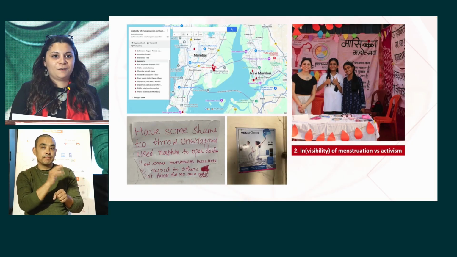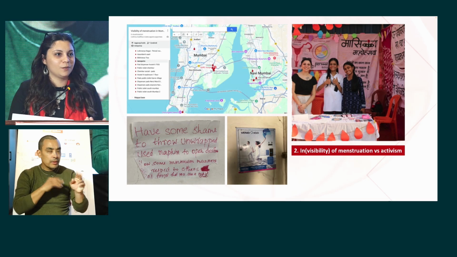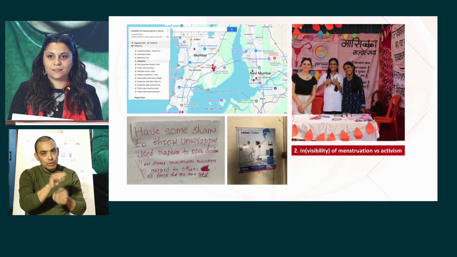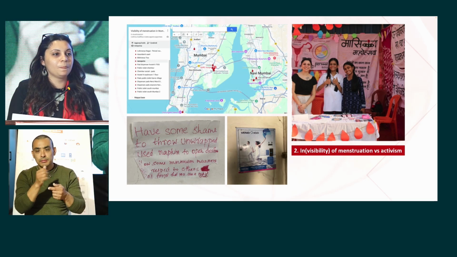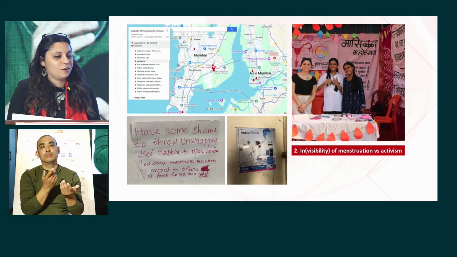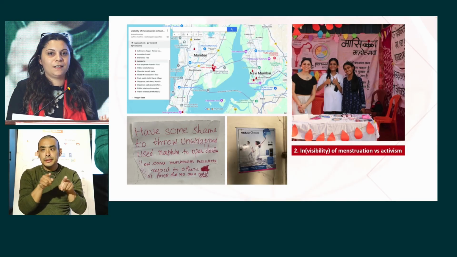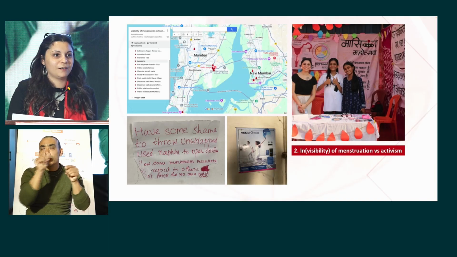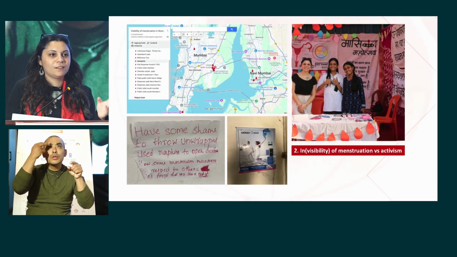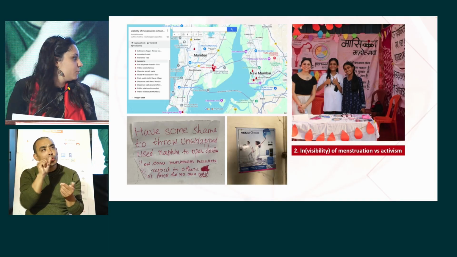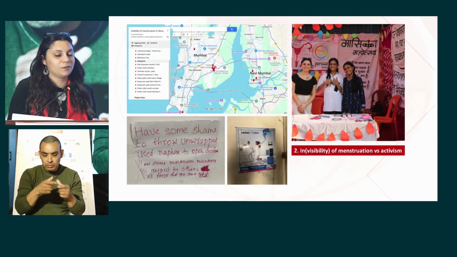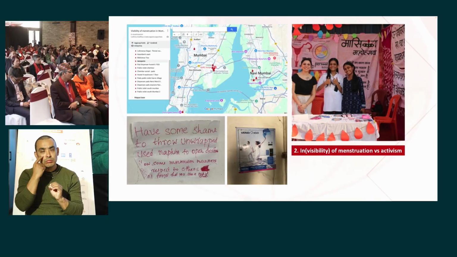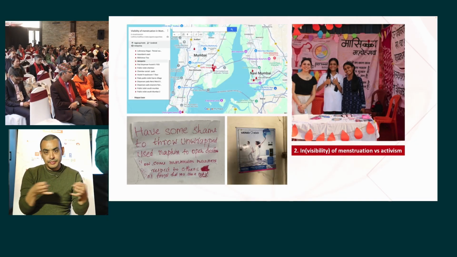Then I started thinking, it's my research, how is it possible that I didn't notice the dispenser when I reached the hostel? Then I realized it's because there is no visual sign related to menstruation on this dispenser. There is no pad, there is no red color, just blue, and there is no word for pad or menstruation. It's not so visible, but in the blue line it is written, collect your product here, not your pad.